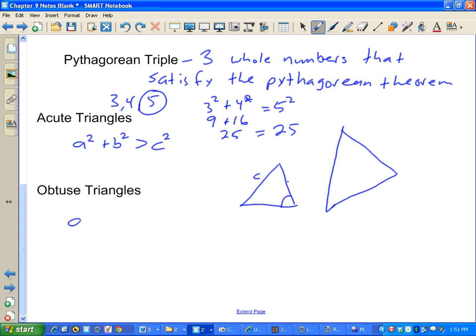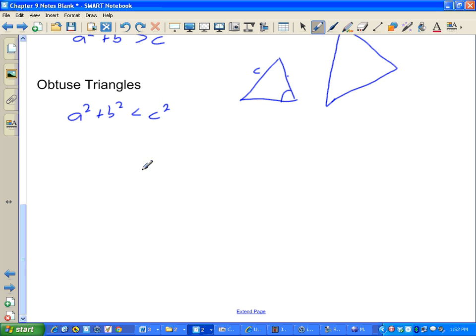Now, the other case, a squared plus b squared is less than c squared. That means I've got a really big third side because it's bigger than these two put together, okay? And I'm squaring both of these. So think of it that way. I've got a really big c. Okay, and these are stretching to try to come together.